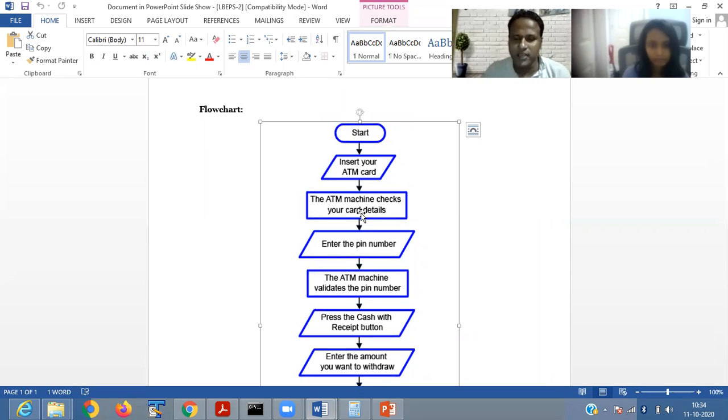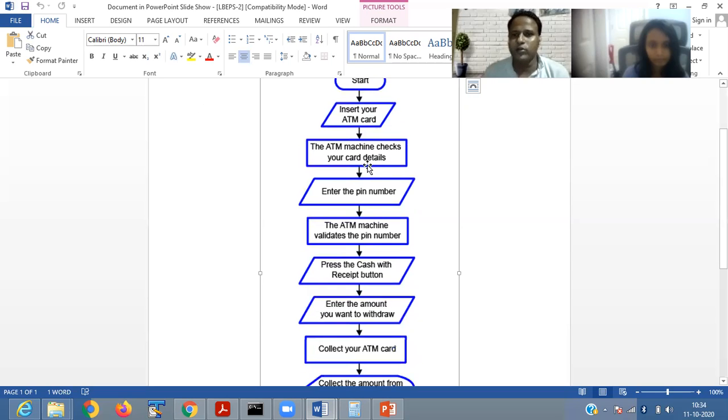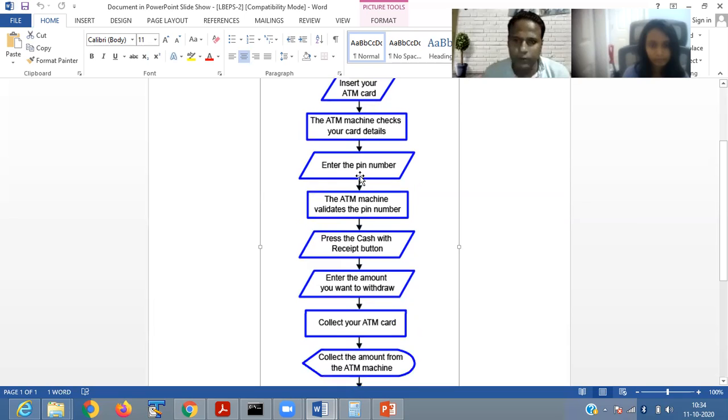The processing happens, and it shows you your name. Then the screen asks you to enter your PIN number. Then you give your PIN number. Then processing happens again. The ATM machine validates your PIN number, whether the correct PIN has been given or not.